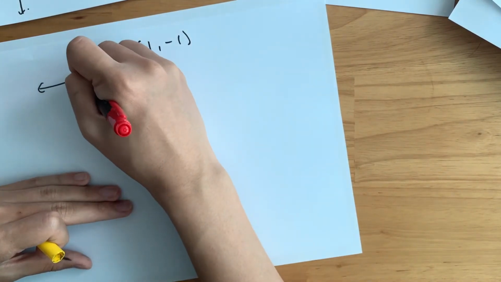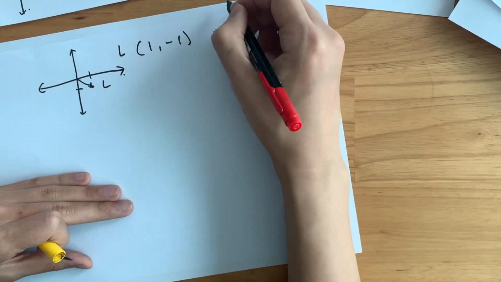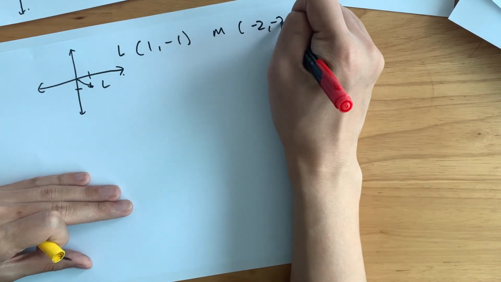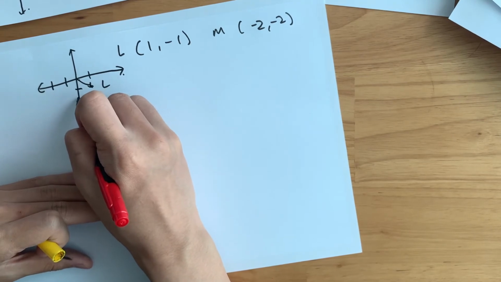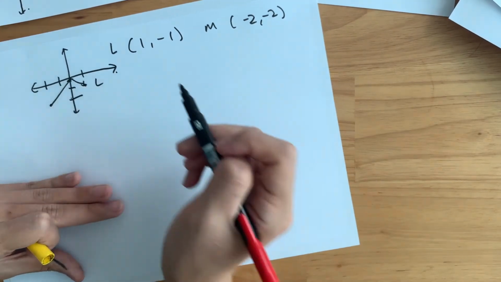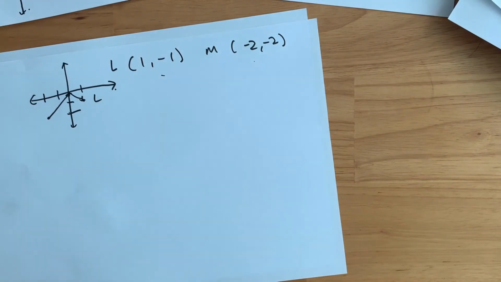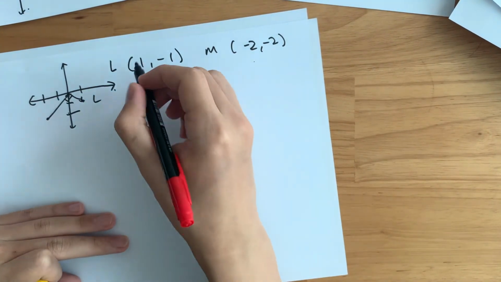We will draw a vector like this, M, and call this negative 2 and negative 2. In my theory, I think the dot product of these will be 0 because I think this is a right angle. Let's try.